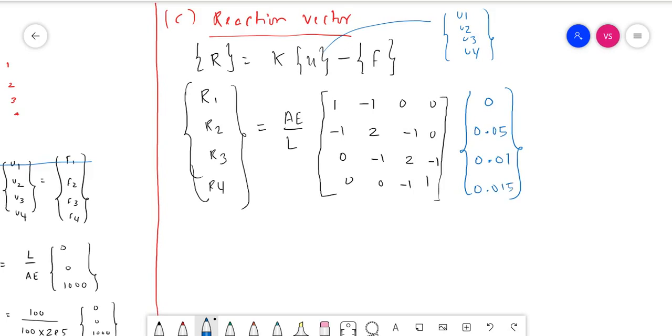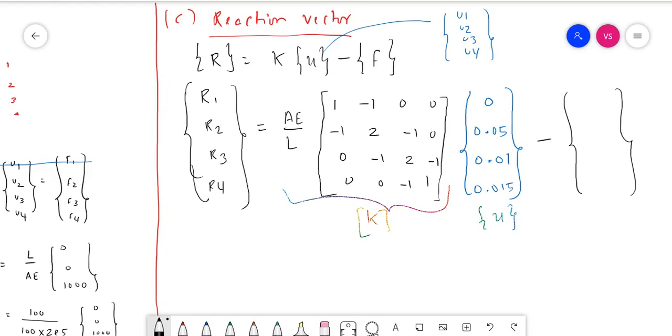So this is K, and this is U. So Ku minus F. F1 0, F2 0, F3 0, F4 is 1000.